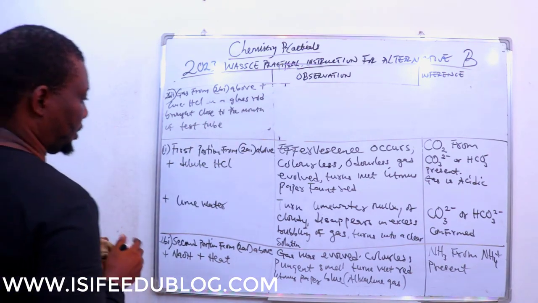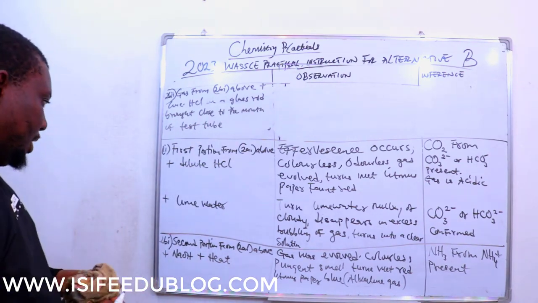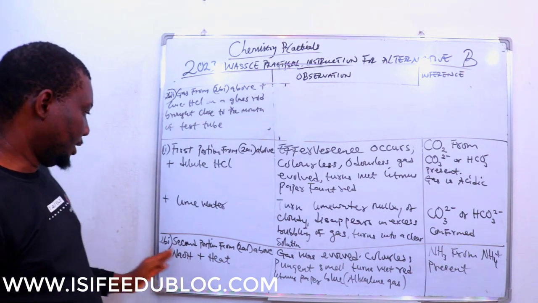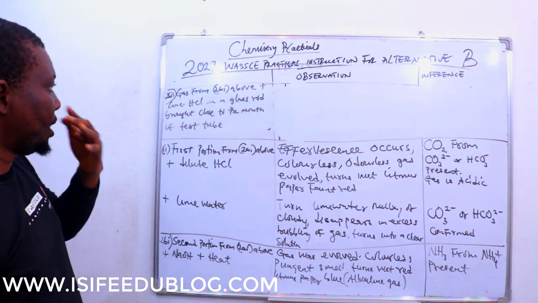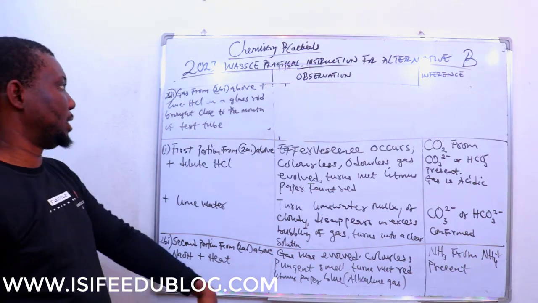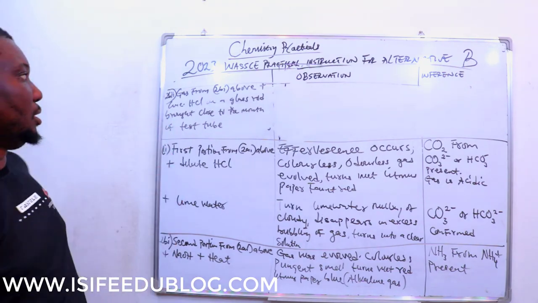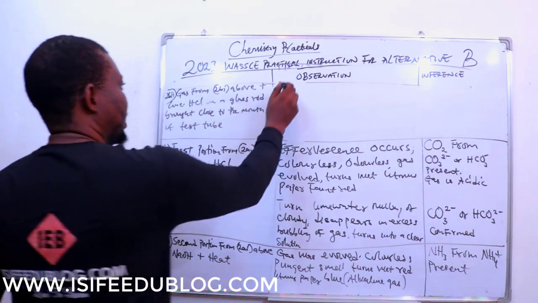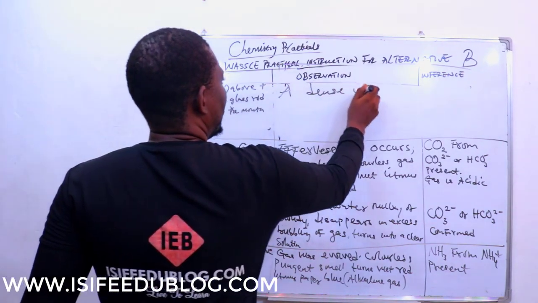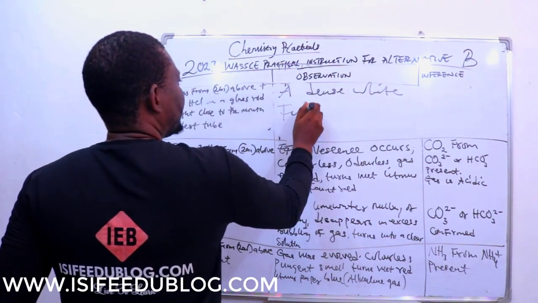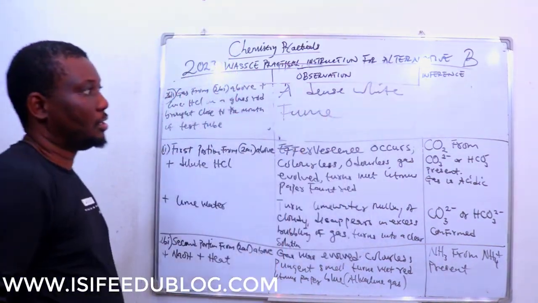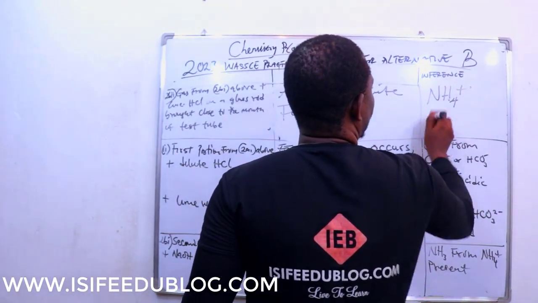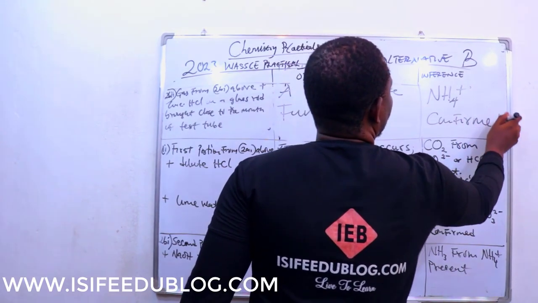Supposing in the question, the second portion you add NaOH and heat, and in the II they say a glass rod with conc HCl brought close to the mouth where the NH3 is evolving. What will you observe? Simply say a dense white fume is formed. And what will you have here? NH4 plus confirmed. So this is what to do.